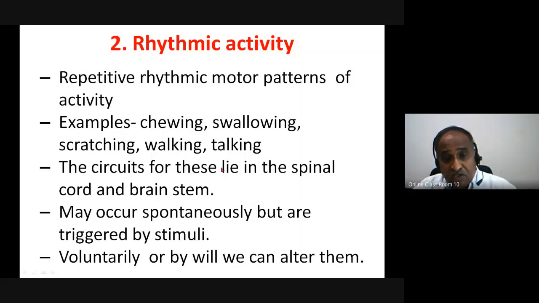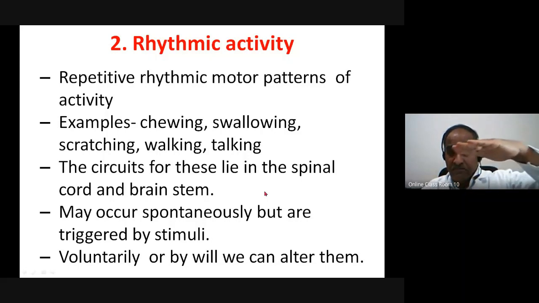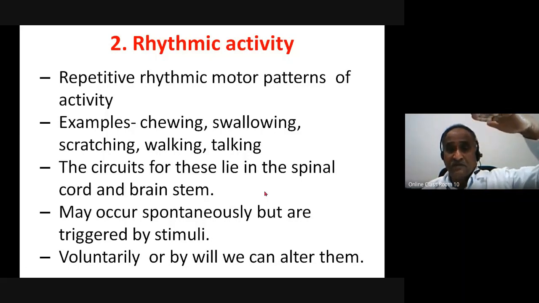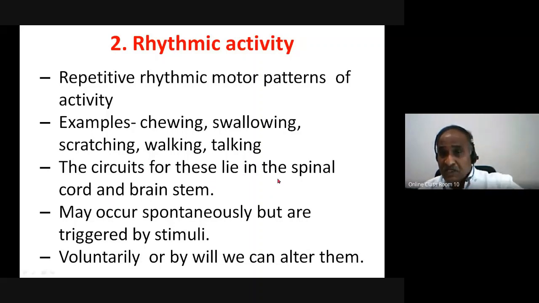The circuits of these are located in the spinal cord and brainstem. These pattern generators are located at three levels. One at the spinal cord level, one at the midbrain level, that's the mesencephalic level, and one at the cortical level. The basic circuit lies in the spinal cord and brainstem.